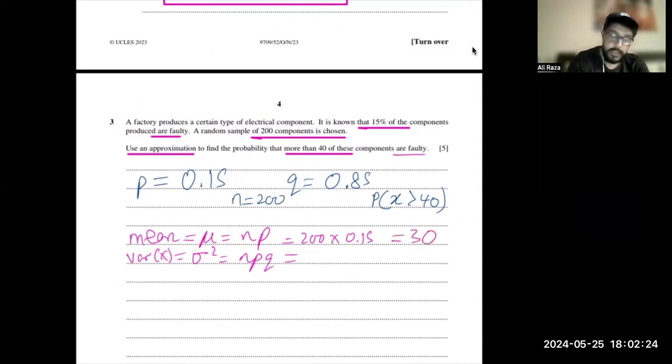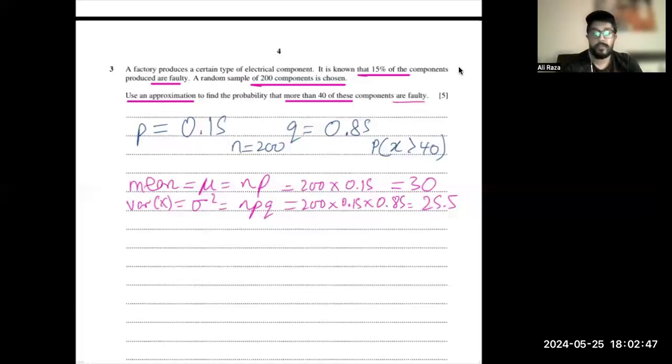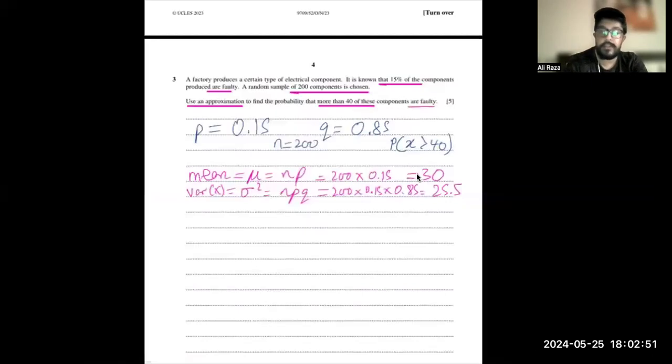The value for mean is 30 and the value for variance should be 200 times 0.15 multiplied by 0.85. These are the two values for mean and variance.